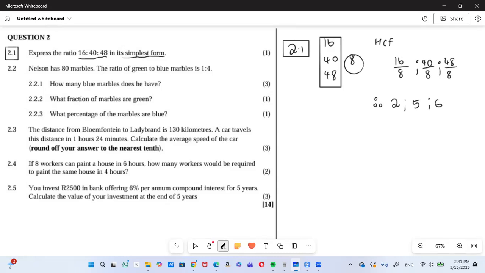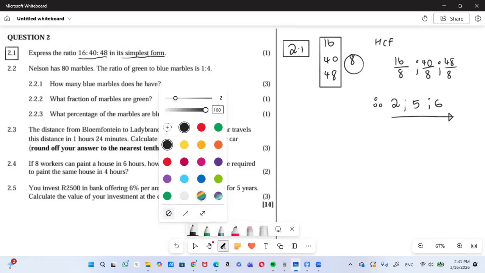That's how you answer your first question, 2.1. This is our simplest form, and it is only for 1 mark.